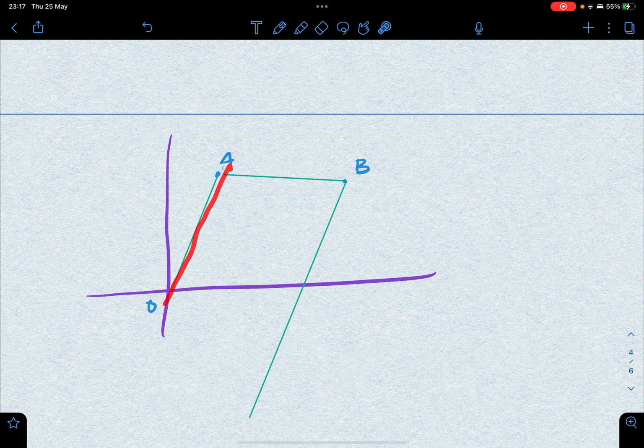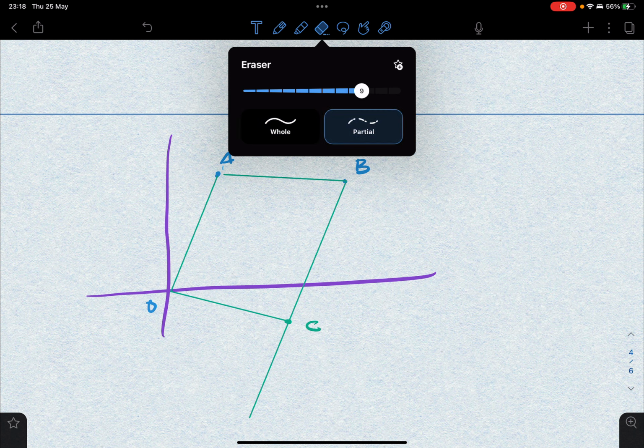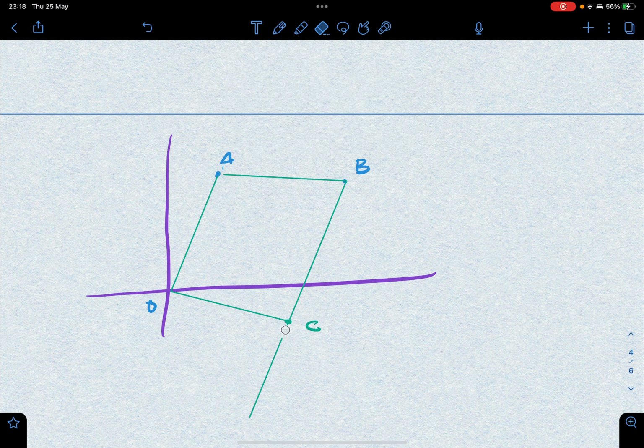But this length has to be the same as this length, so that this will also be parallel to this. So we can imagine that C is going to be somewhere here. Okay, so I haven't found C, I just have illustrated where I think C should be.